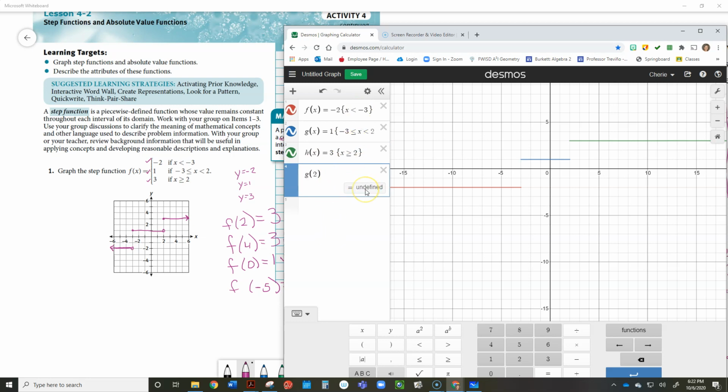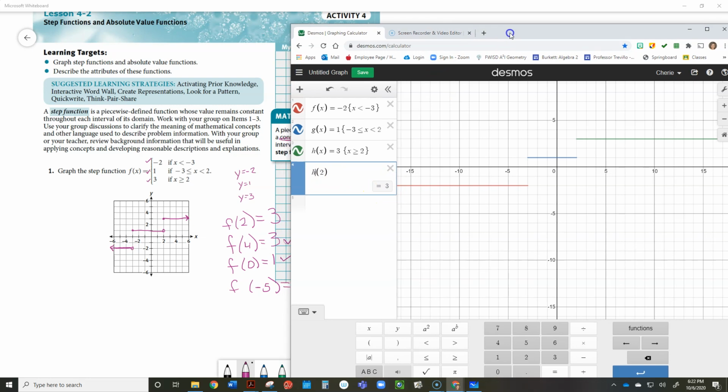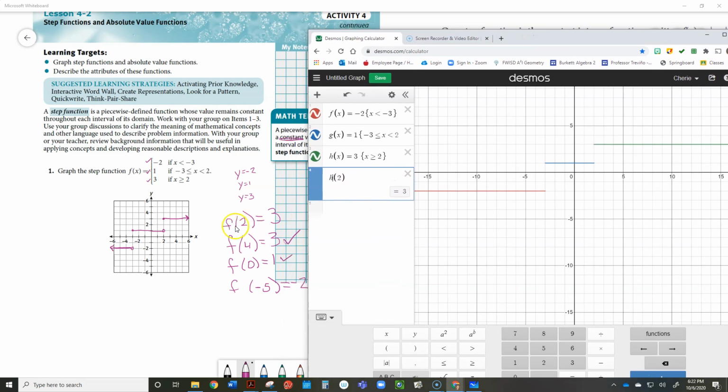It's still telling you that it's undefined. So that means you can't plug in 2 right here. So that means that 1's not going to be the answer. You change that to h of x, and now all of a sudden it's telling you that the answer's 3. And see, right here, h of x, we said, is equal to 3 as long as it's 2 or any number bigger than 2. So we found that answer.